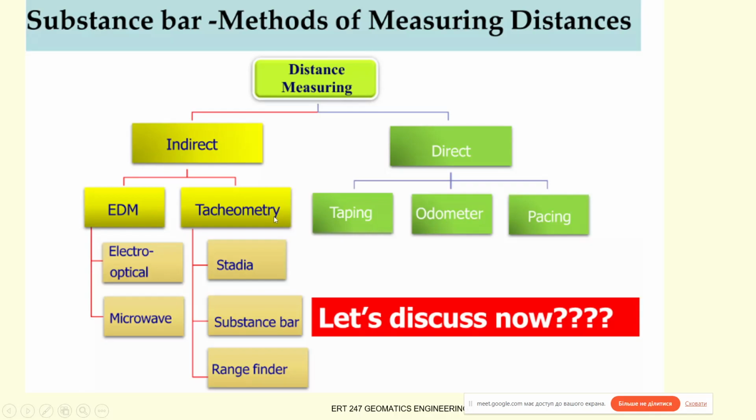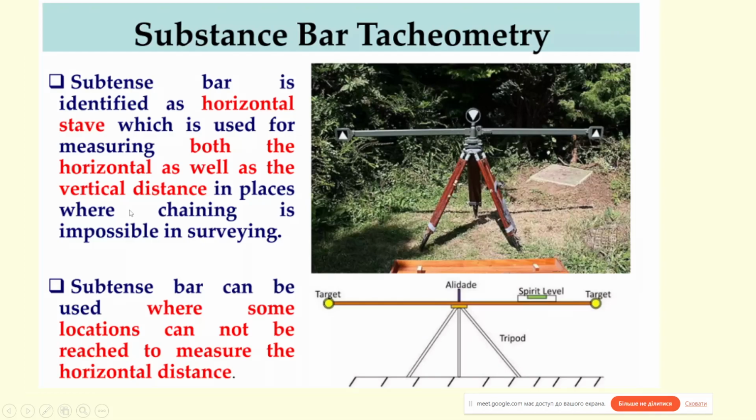And namely tacheometry, stadia method, subtense bar, and range finder. Electronic distance meter, we have two options: electro-optical and microwave electronic distance meter.